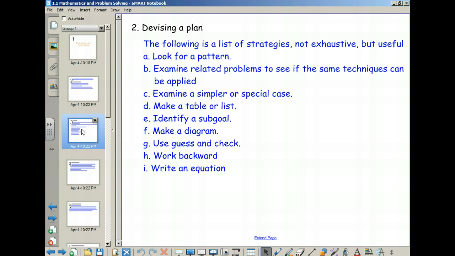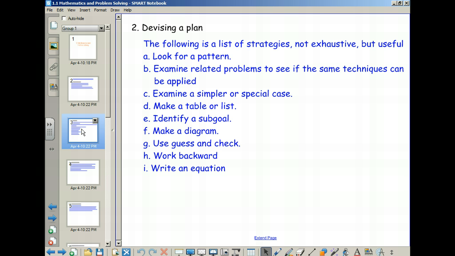Writing equations is probably one that you're very familiar with. I'm not going to do an example of that one because you've seen that plenty, all over algebra. There are cases when writing an equation is a great way to do it, but the kids you're working with aren't going to see that as much. They do see things that look like equations, they just don't have the variable notation in them.